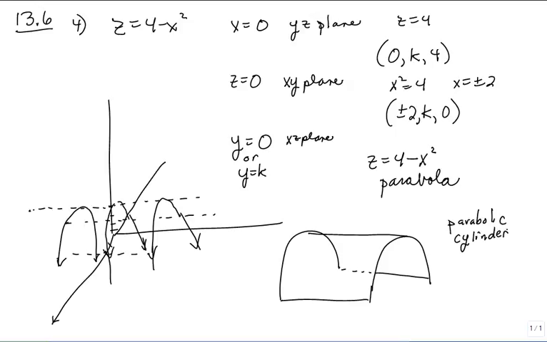And again, if we go to Maple, let's type in our commands. I'll just do this from scratch, with plots.